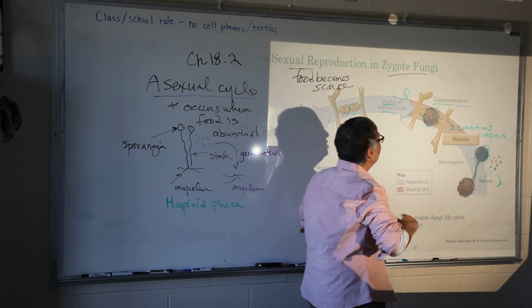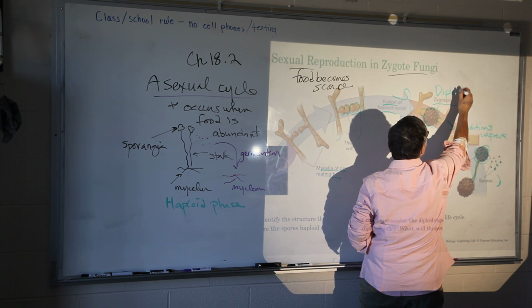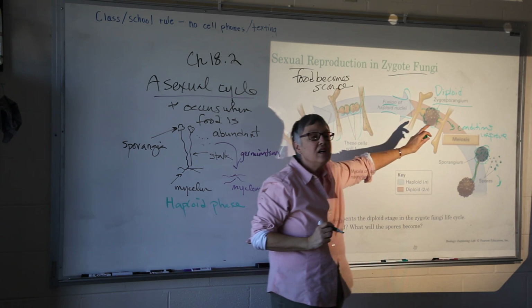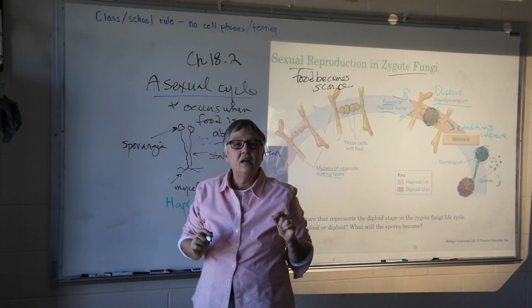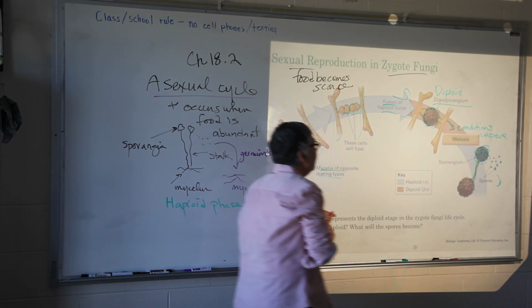Now the point here is that at this point this is a diploid structure, so the cells now have both nuclei from both mating types in the same cell.